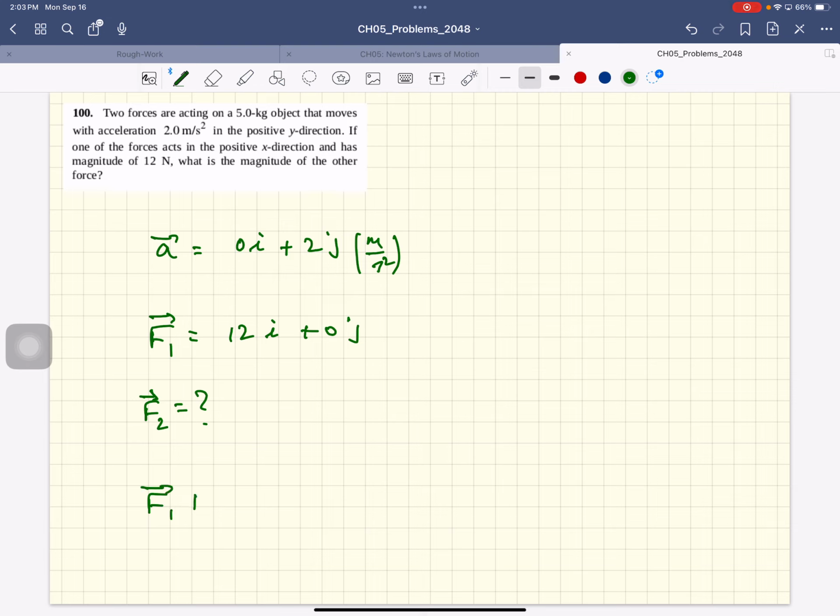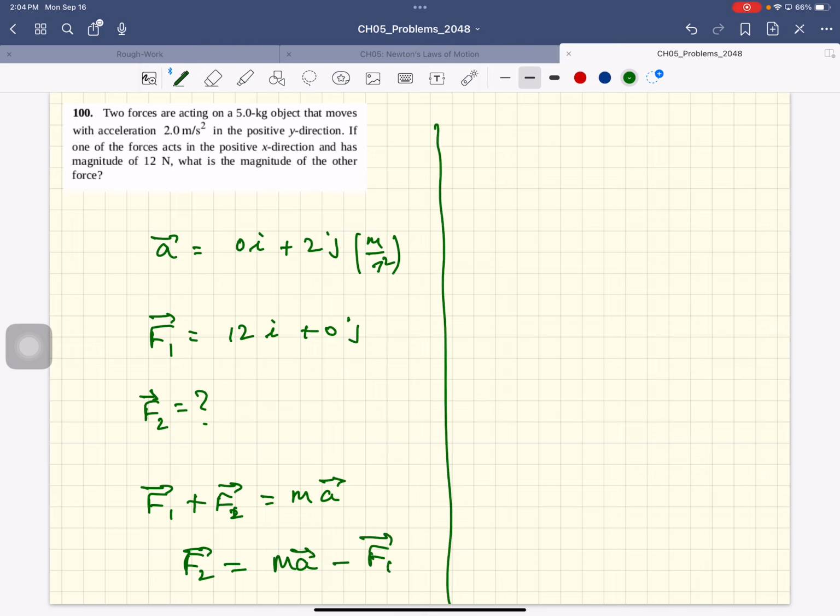So they tell you F1 plus F2 equal to mass times acceleration. Okay. So the force F2 is m, 5 kgs, times 0i plus 2j minus 12i plus 0j.